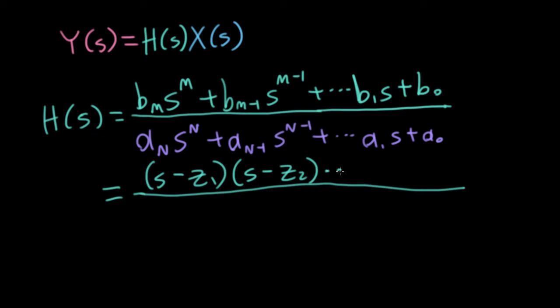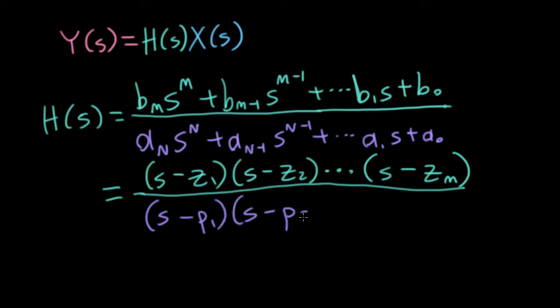They're the s's that would give you 0 if you plugged those particular s's in, times ... (s - z_m), because I'm going to have m roots for the numerator. And then I'll have n roots for the denominator, so I could write this as a factor involving the roots of the denominator, which I'll call p_1, p_2, ... (s - p_n).